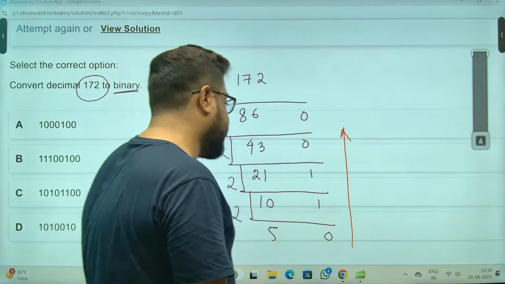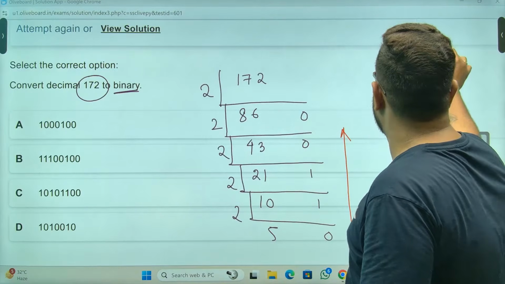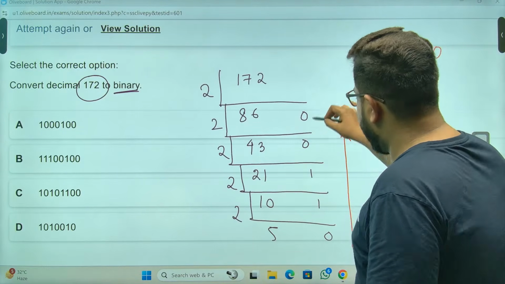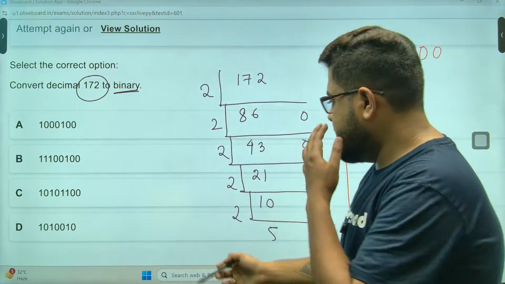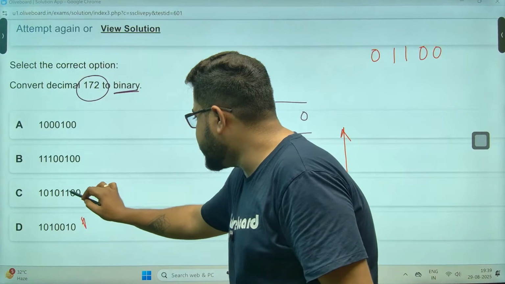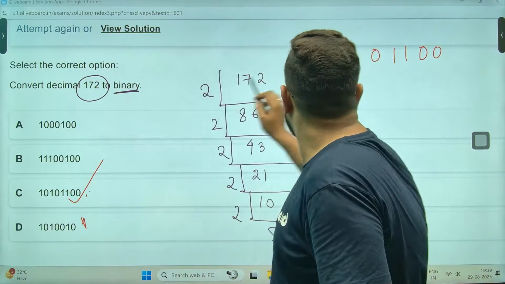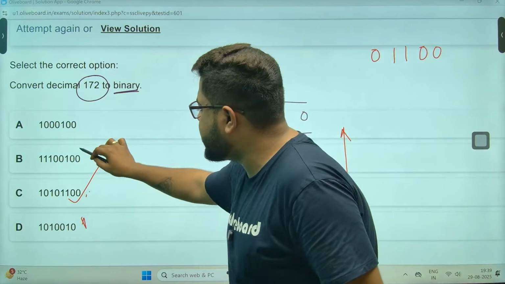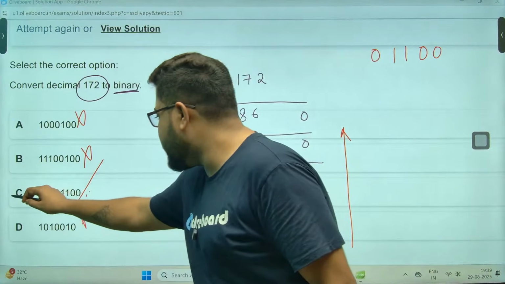Now look at the options, sir. My number will have 0, 0, then 1, 1, then 0. Check the options. 0, 1 cannot be. 0, 0, 1, 1, 0 is my answer. The other options cannot be. So only option C is the answer.